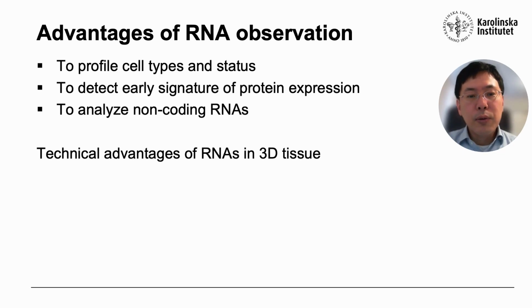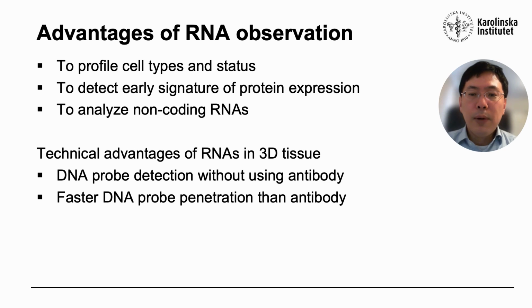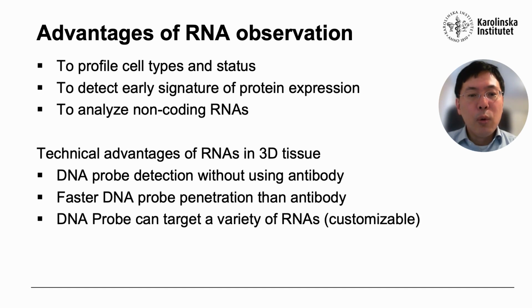Now let's consider the advantages of detecting RNA in 3-dimensional tissue. Unlike proteins, RNAs can be detected using DNA probes, which are much smaller than antibodies. This enables faster tissue penetration. DNA probes are also highly customizable, allowing for detection of a wide range of RNA targets.